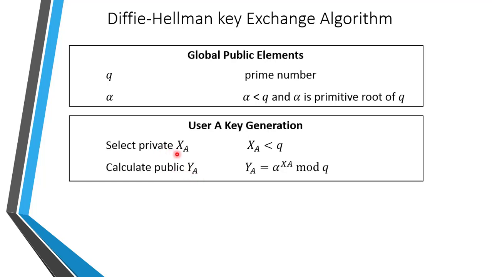User A's private key is XA, and the public key YA is generated using alpha and the private key. So alpha raised to XA mod Q is the public key of user A.